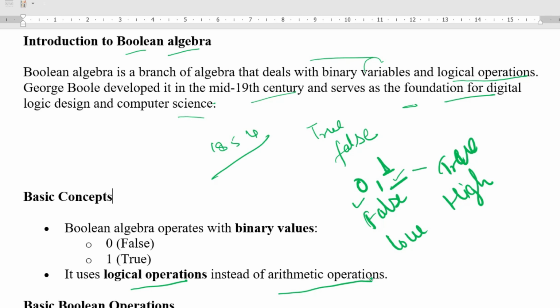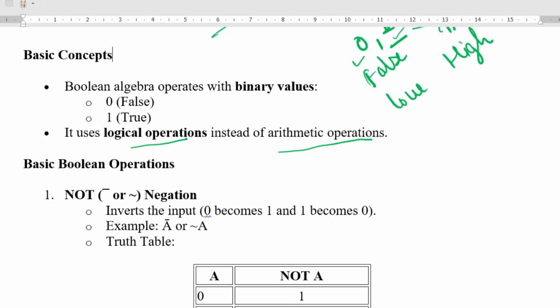There are many laws that exist in Boolean algebra, but there are three fundamental operations. The basic operations are, first one is negation, then we have conjunction, and the last one is disjunction.